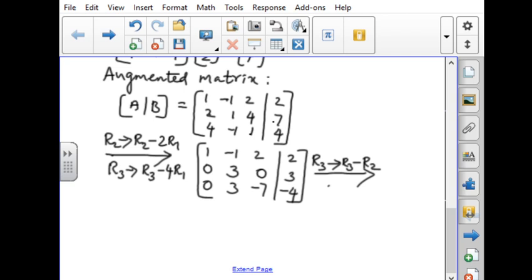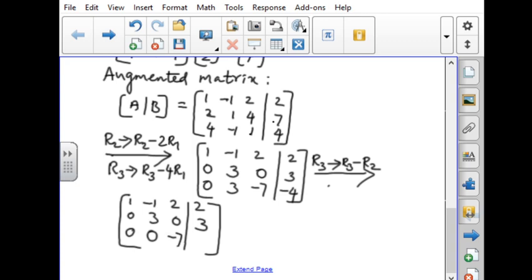Let us subtract and get the next matrix: 1, minus 1, 2, 2; 0, 3, 0, 3; 0 minus 0 is 0, 3 minus 3 is 0, minus 7, and minus 4 minus 3 becomes minus 7. So this is the augmented matrix, and we have got the echelon form.